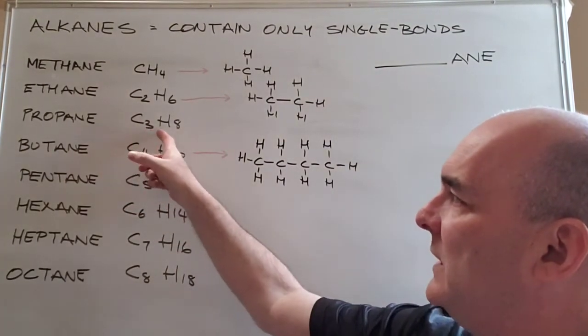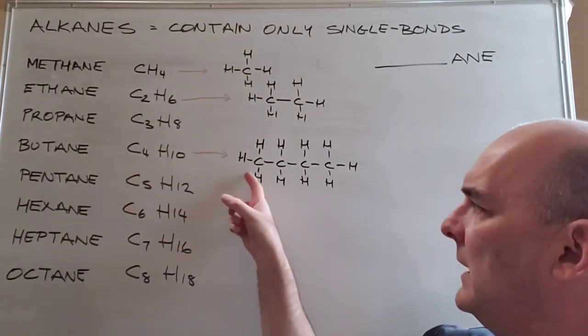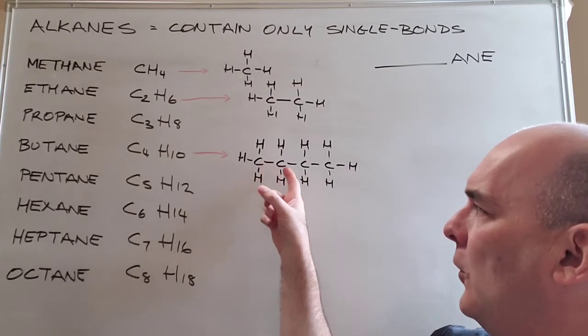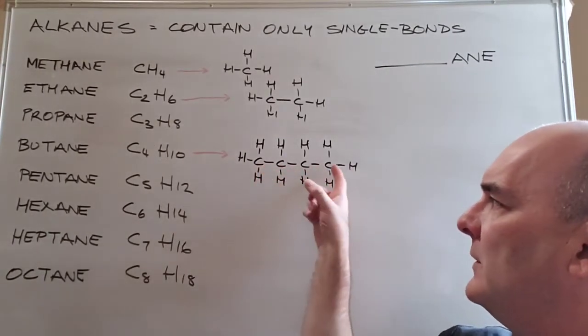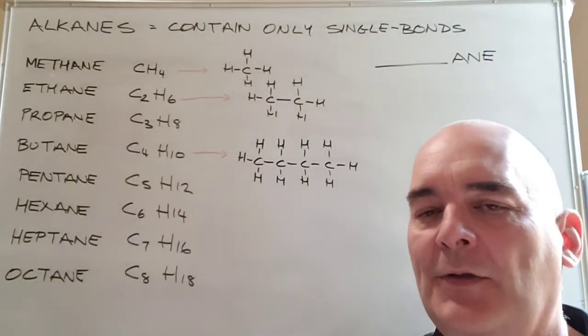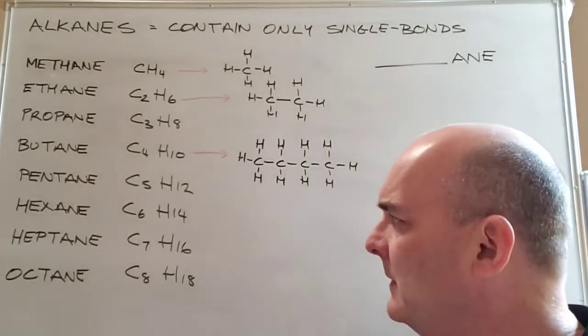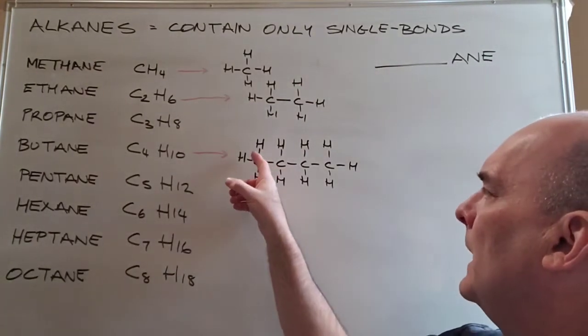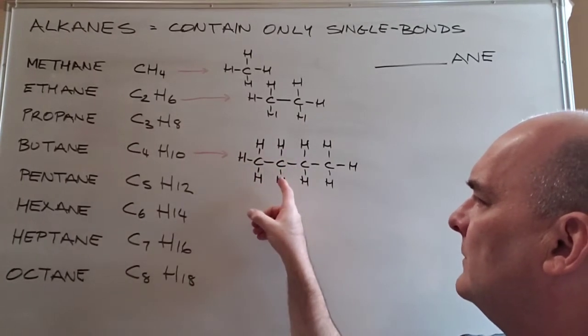Propane is C3H8, butane is C4H10. Here's butane, 4 tetrahedral carbons bonded together in a chain. Carbon, better than any other atom on the periodic table, sticks to itself. Each of those carbons has 4 single bonds.